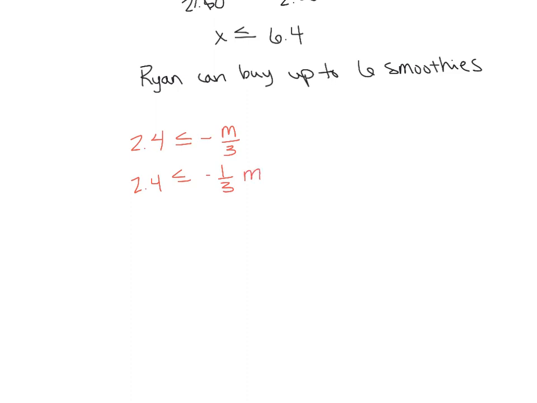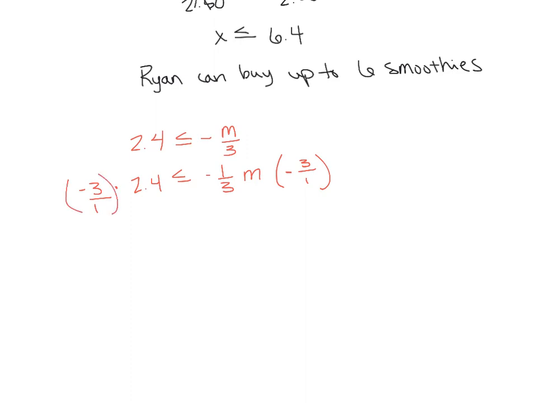Remember, I can replace my numerator with a 1 and then put my variable off to the side. The 1/3 and the m right together means multiplication. To undo multiplication of a fraction, I multiply by the reciprocal, but since it's negative 1/3, I have to multiply by negative 3 over 1.